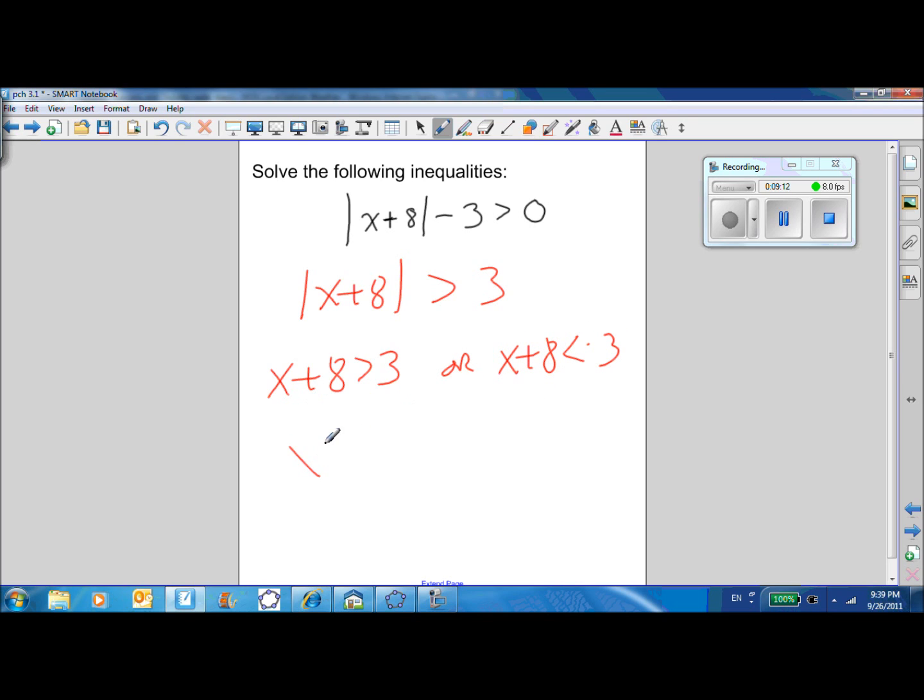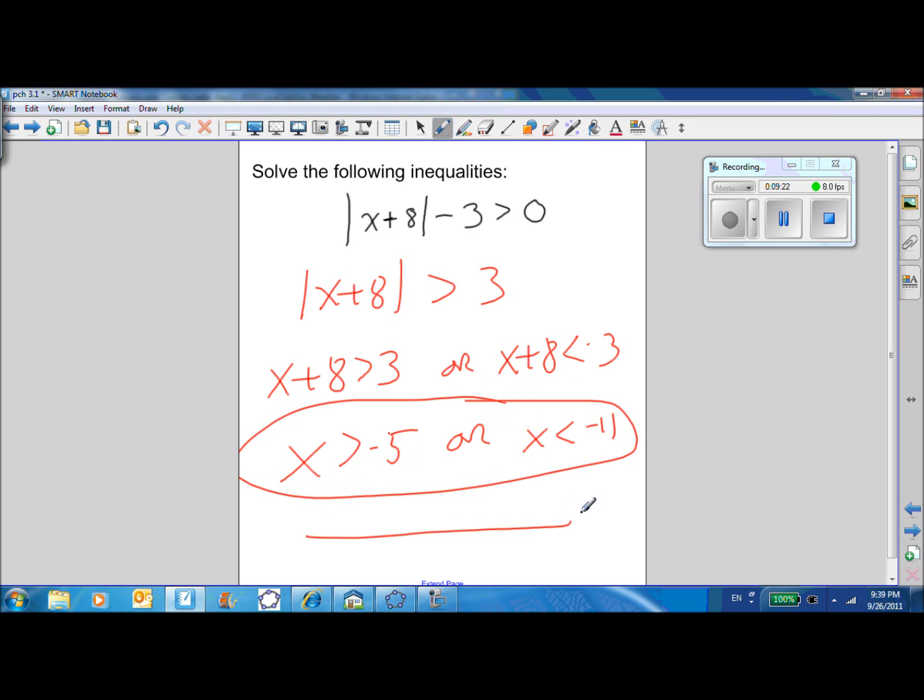So subtract 8: x is greater than negative 5, or x is less than negative 11. Okay, there's your answer. Graphically, it'd be the points to the left of negative 11, or the points to the right of negative 5.